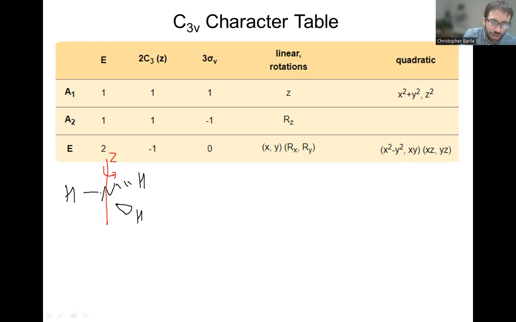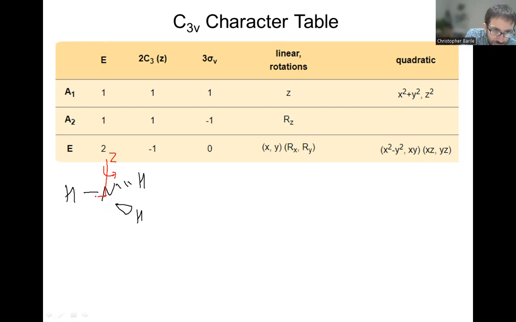And so we can then define our X and our Y axes. I'm just going to erase this part a little bit and make it a little clearer here. So I'm just going to draw that portion of the z vector. We know it goes all the way down that axis, and we can define our x and y wherever we want. It's easiest if we define our x or y along one of the bonds.